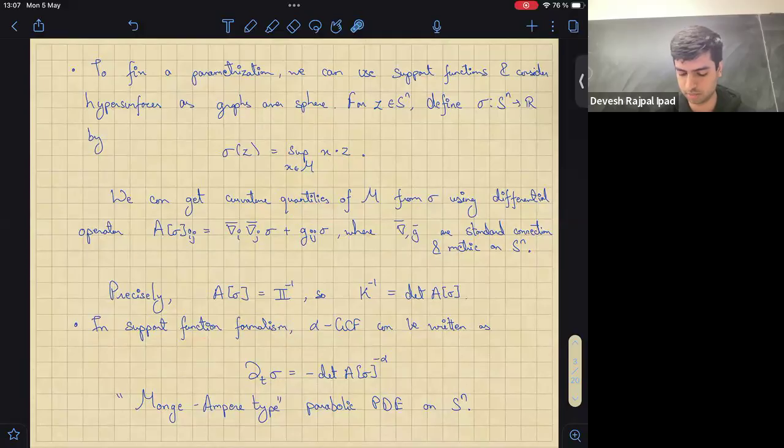Here the minus is coming only because the determinant's inverse is the Gauss curvature. Anyway, this is starting to look like a Monge-Ampere type parabolic PDE, because this operator is like a determinant of the Hessian with some additional term, but it is a Monge-Ampere type parabolic PDE on the sphere.